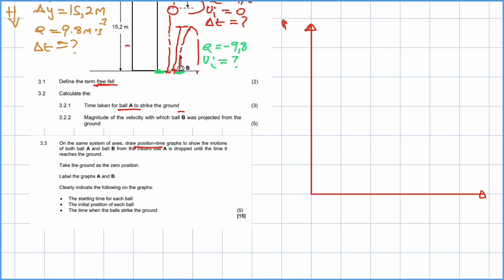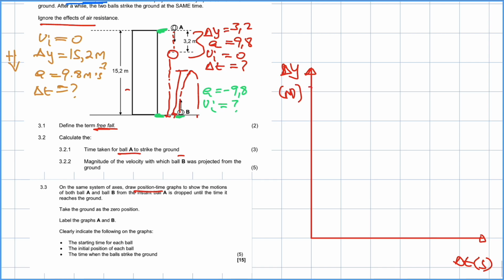That's position in meters, and that is time in seconds. So we know that ball A will fall from 15.2 meters until it hits the ground.